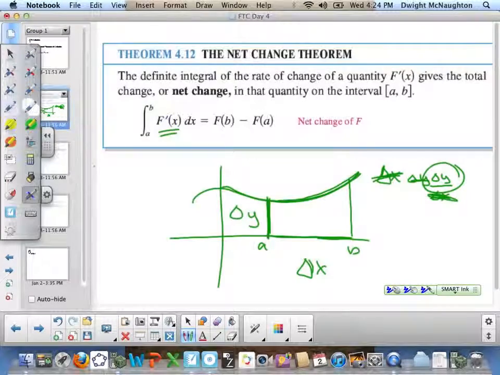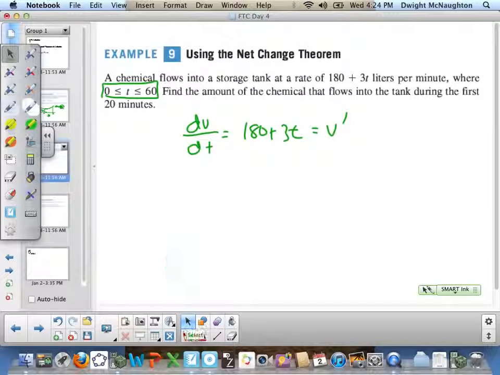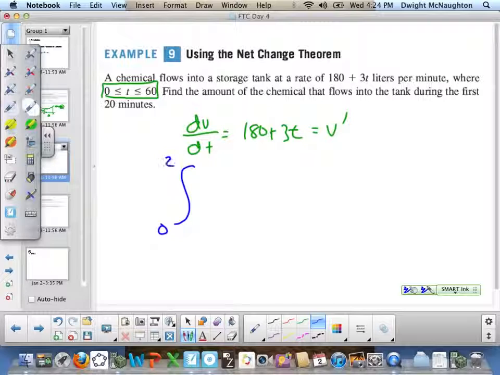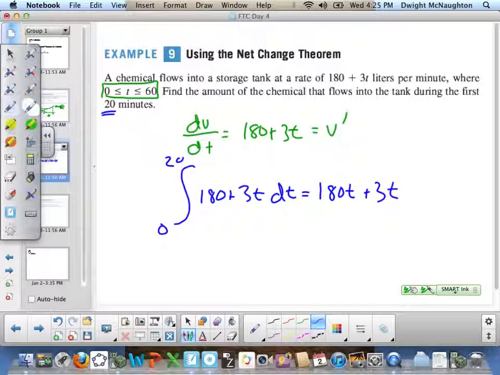So we can find the net change by just taking the antiderivative of our rate from 0 to 20. So our net change from 0 to 20, because they just want to know the first 20 minutes, is the integral of 180 plus 3t with respect to t. So we'll take our antiderivative, 180t plus 3 halves t squared, from 0 to 20.